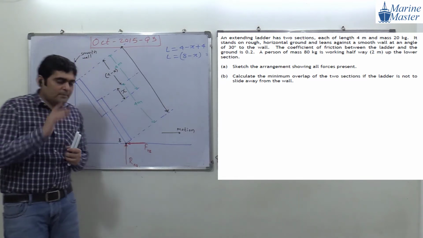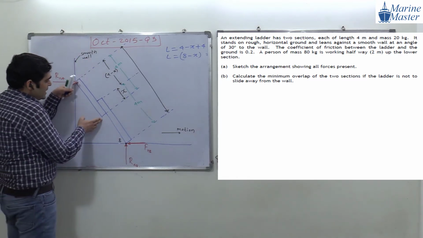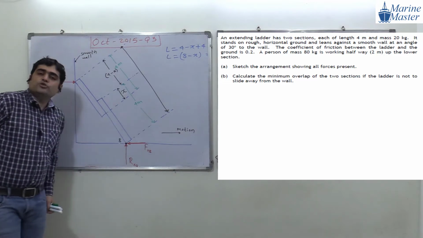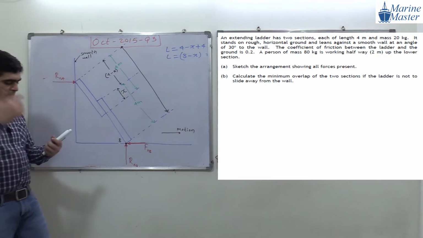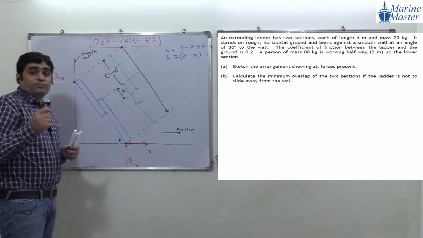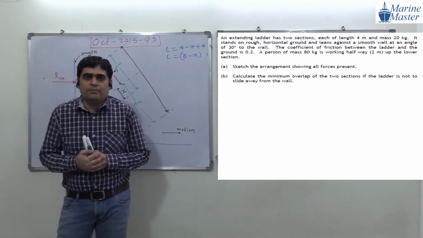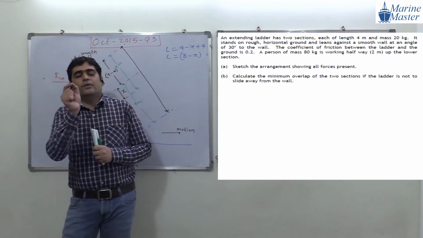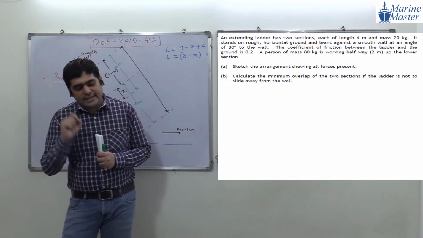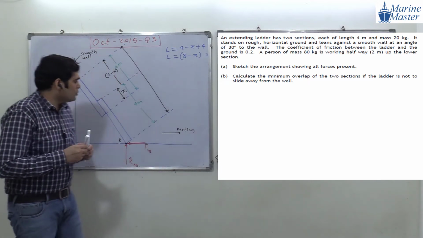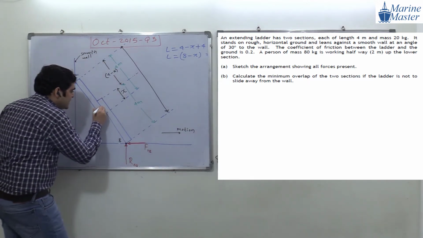This section 20 kg, this section 20 kg, so the total mass will be 40 kilogram. So the weight of the ladder will become 40 g, 40 into acceleration due to gravity g. The weight will act exactly at the center.